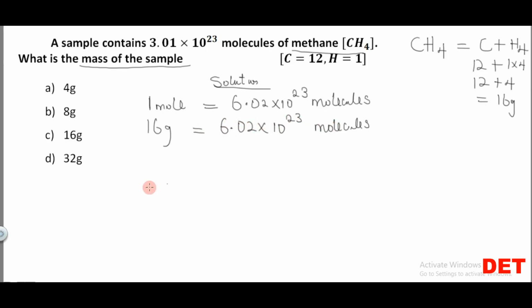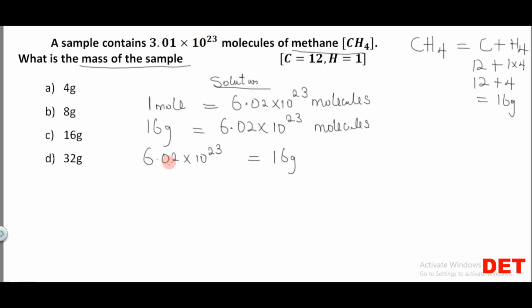So in other words, 16 grams is equal to 6.02 times 10 raised to the power 23 molecules. I can rearrange this, so I have 6.02 times 10 raised to the power 23 molecules is equal to 16 grams of methane. So how many grams will be equivalent to 3.01 times 10 raised to the power 23 molecules?